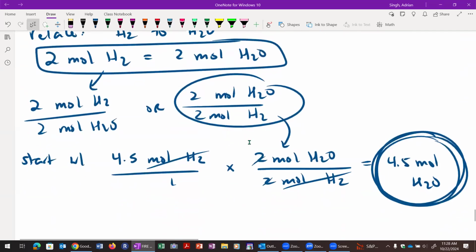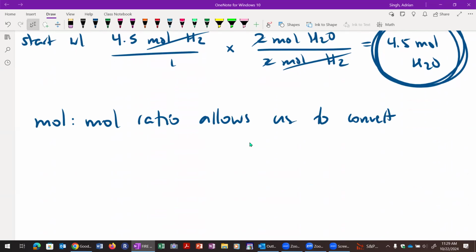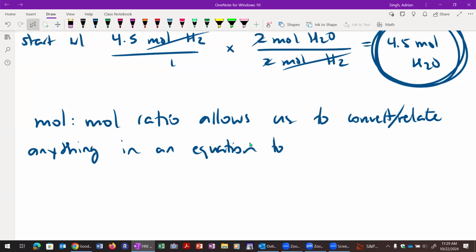So the mole to mole ratio, and this is the main part of this section, allows us to convert or to relate anything in an equation to any other thing in that equation, whether it's a reactant to a product, a reactant to another reactant, or a product to a product.